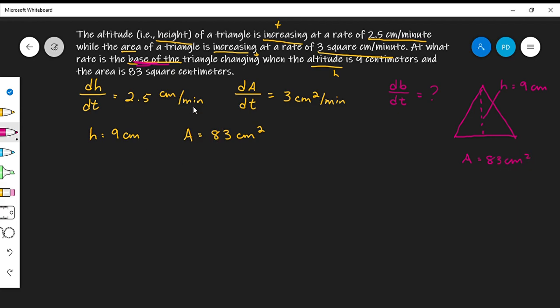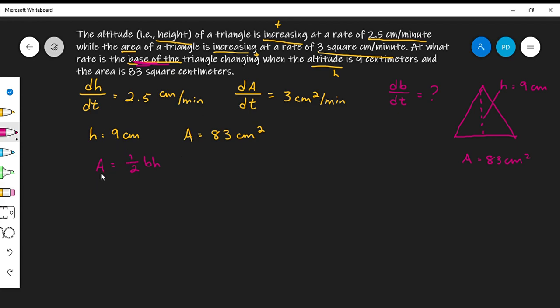centimeters squared. So we're going to use the formula for the area of a triangle, which is area equals 1/2 base times height, but we're trying to find out how these things are changing with respect to time, so we're going to implicitly differentiate everything with respect to time.